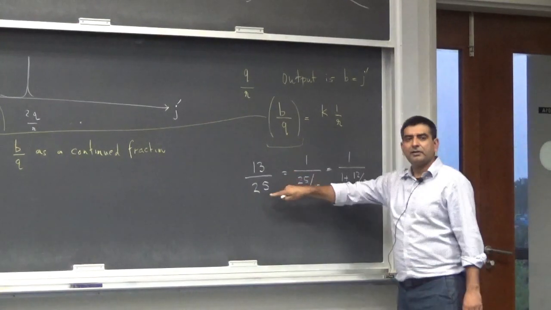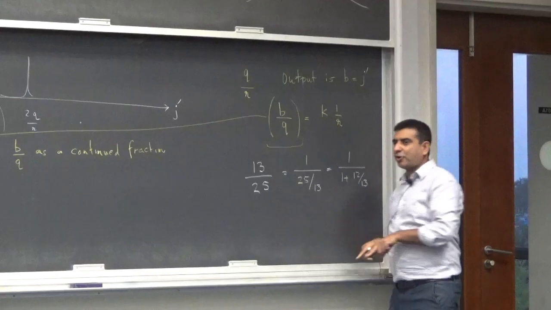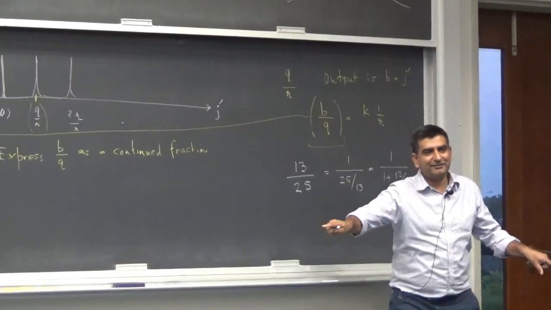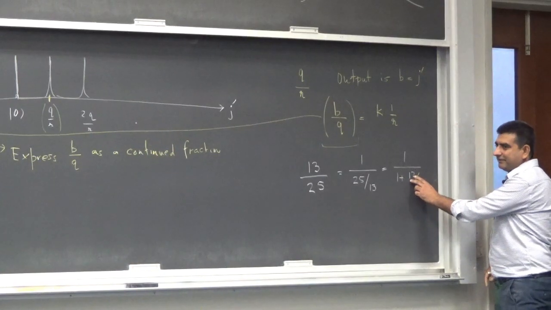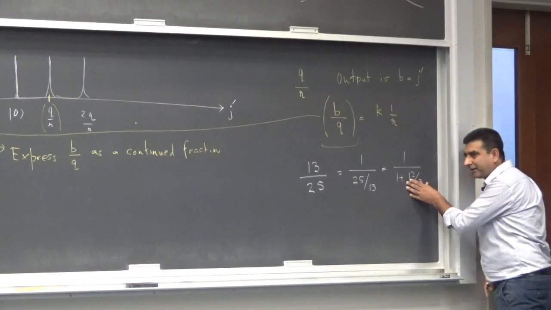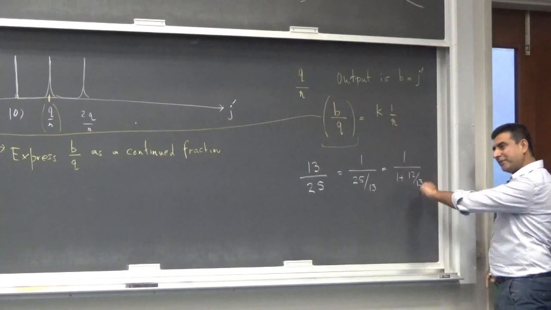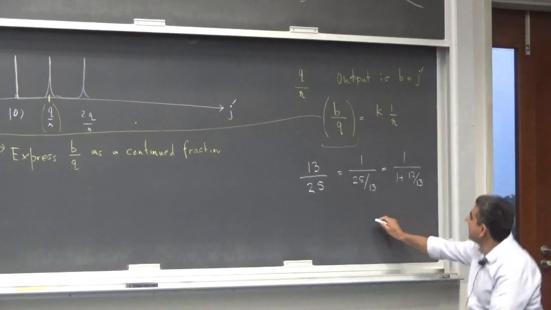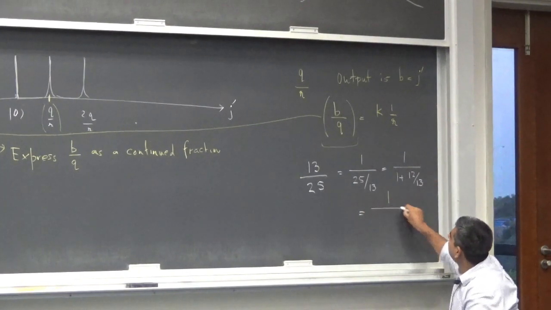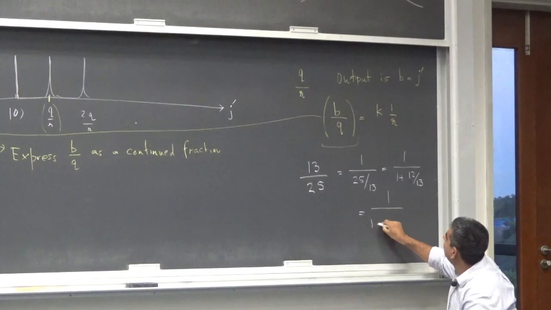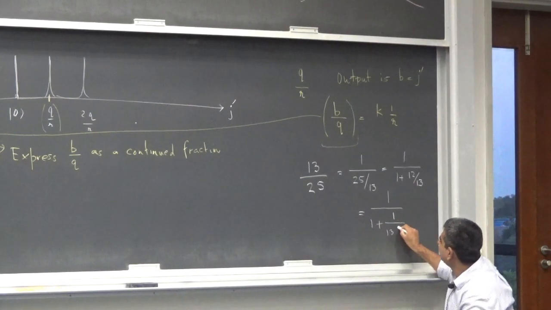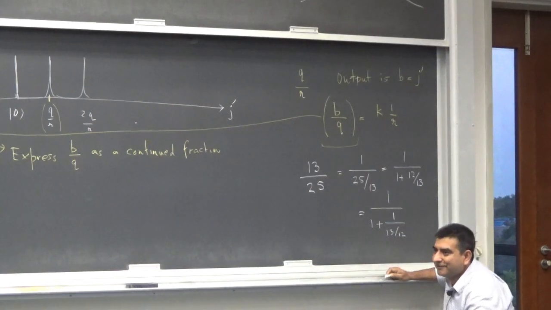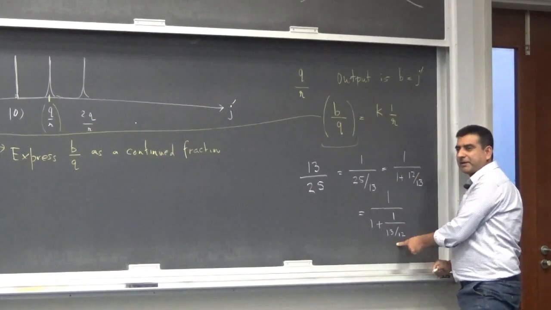Then I take this part and invert it: 1 over 1 plus 1 over 13 over 12, and then I split this up again.